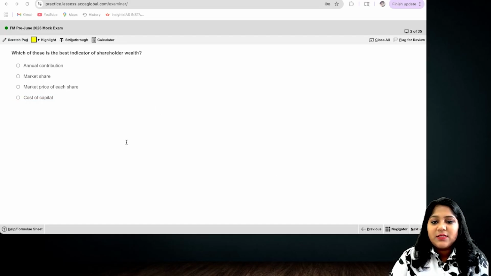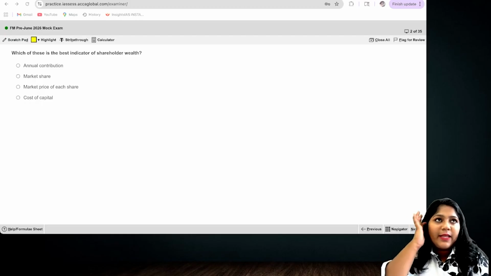Very, very simple. So what is the question talking about, guys? The question has a clear indication, which says, which of these is the best indicator of shareholders' wealth?